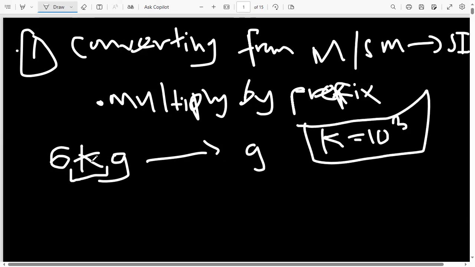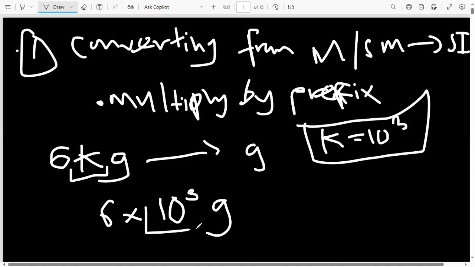So to convert from 6 kilograms to grams, I just say 6 multiplied by, replacing the k with its value from the metric table, 10 to the power 3, and then grams. So you can see that this has just taken the position of the k. You just have to know what the prefixes mean.